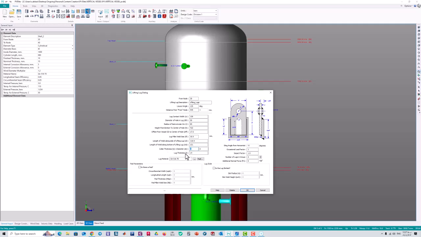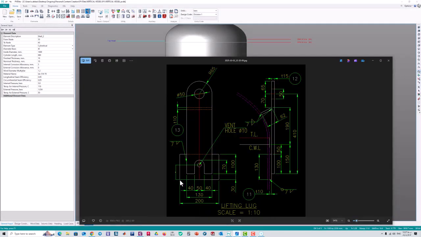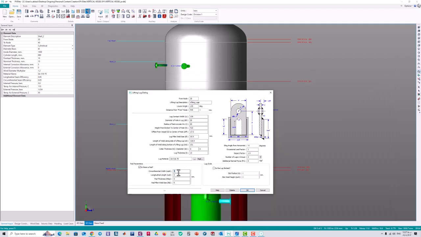There is no collar. We take it as 0, and the lug material is the same as the shell material. And because we have a pad, we have to put the dimensions for the pad.